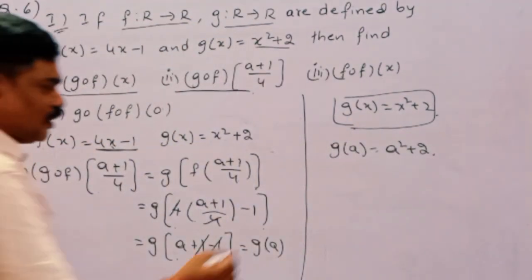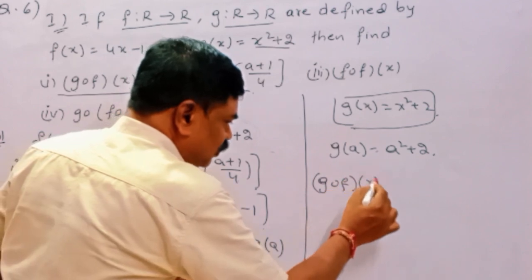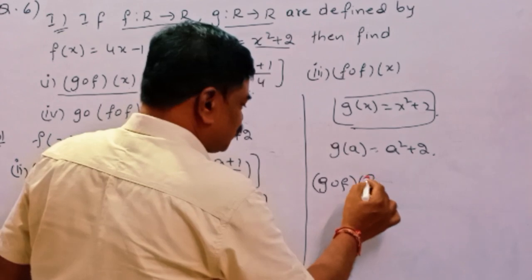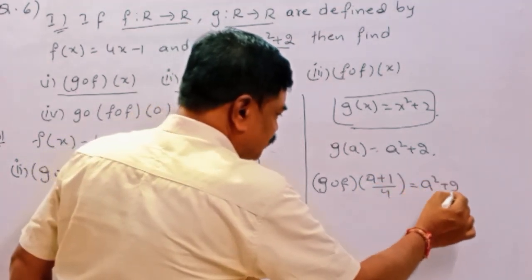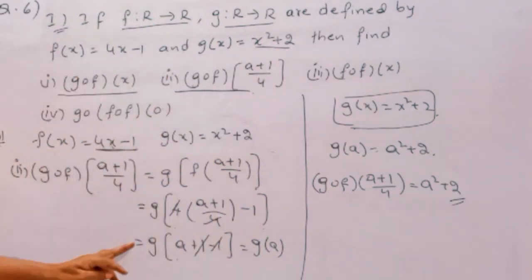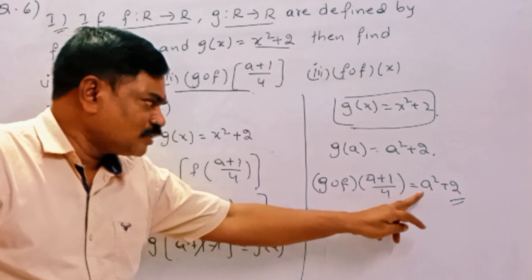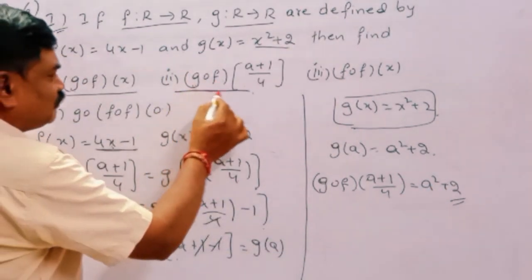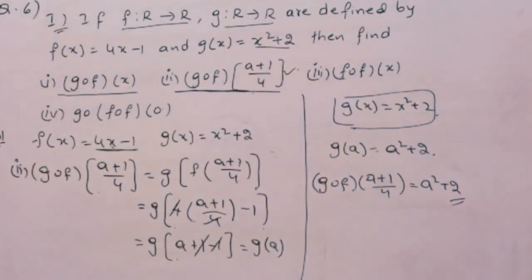Therefore, g circle f of a plus 1 by 4 is equal to a square plus 2. This is the second one.